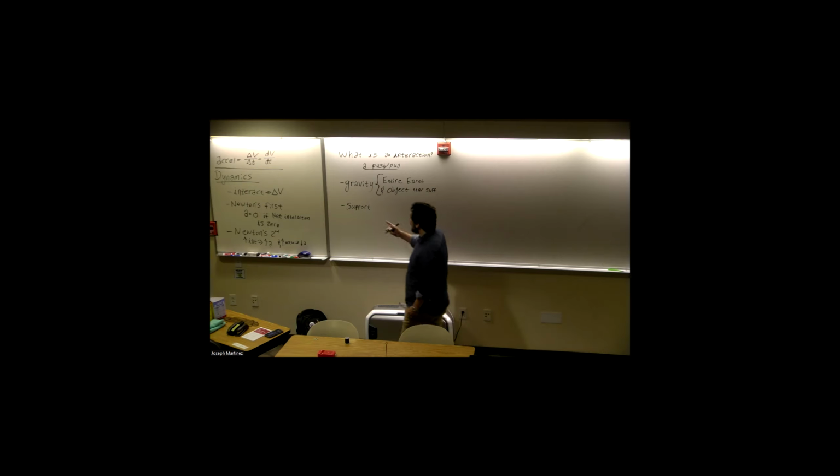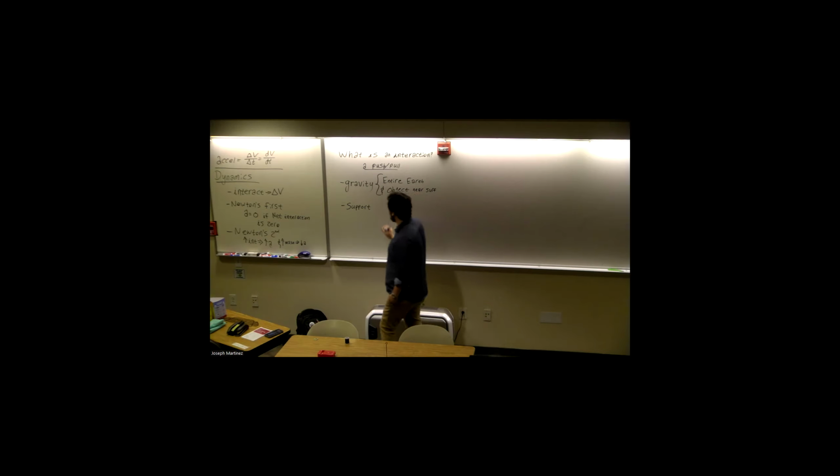So we have multiple interactions. And when we combine these two interactions, we say we have a net interaction. When we combine these two, our net interaction is zero, giving us zero acceleration. So what is a net interaction? It's the combined effect of all interactions acting on an object. The net in physics means the combination of all interactions acting on an object.